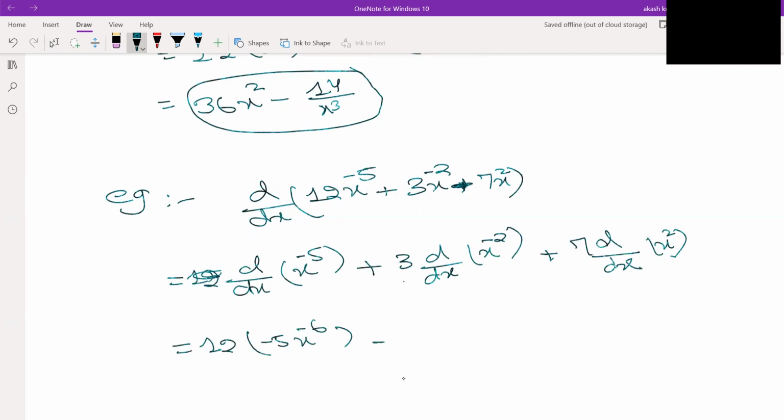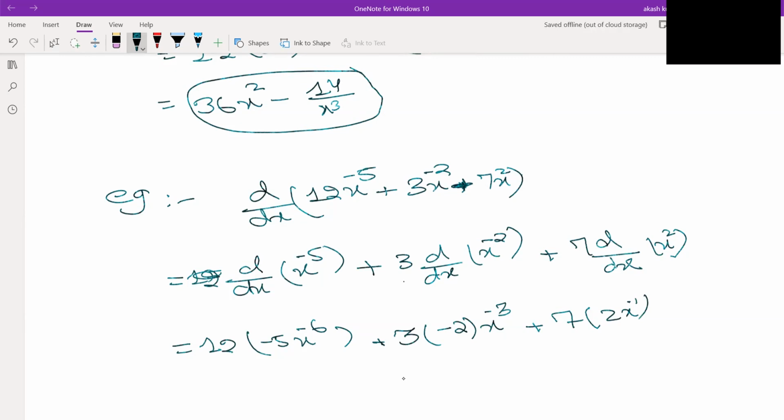Yes. Okay, and then the same here, negative 2x to the power of... negative 3. And then again here, 7 times 2x to the power of 2 minus 1, just x. You mean like this?